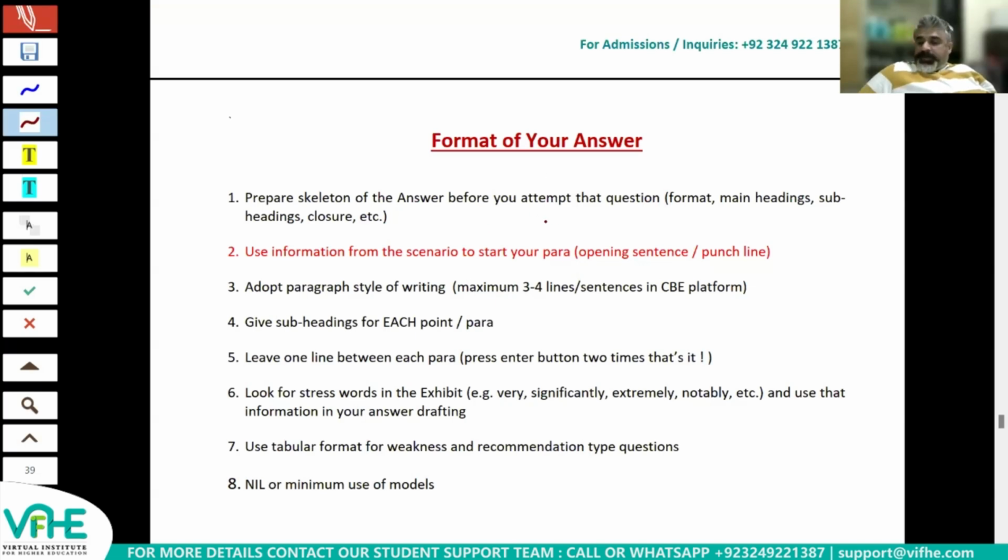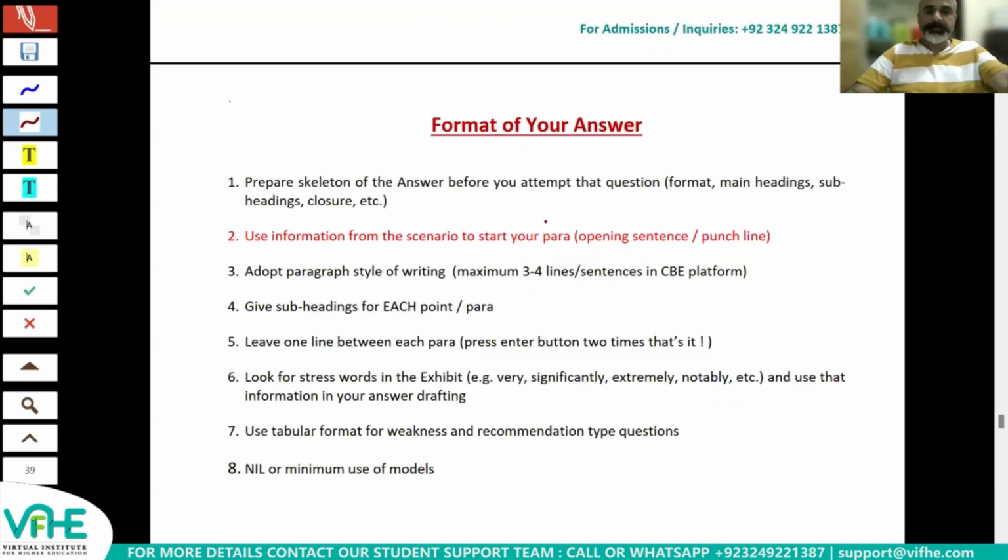Now, the format of your answer. First of all, we will always use a paragraph style of drafting. Clear?